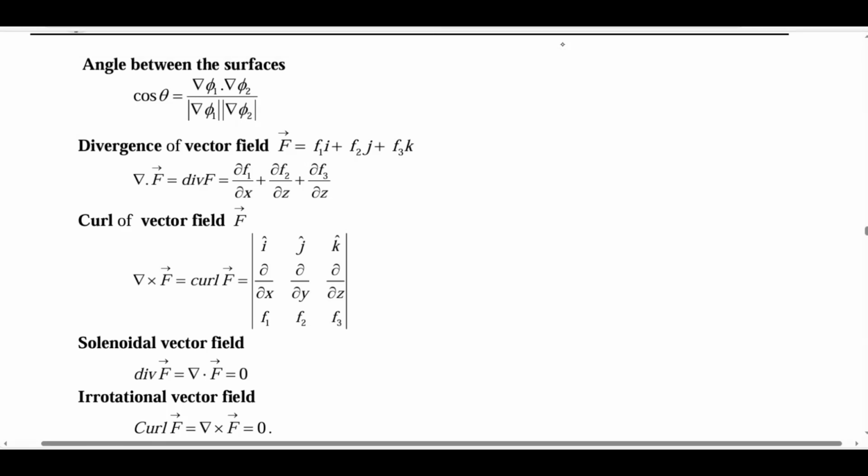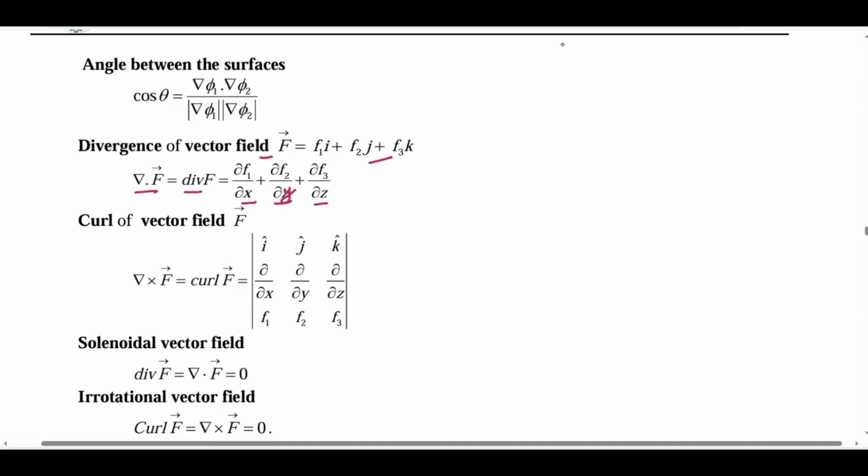Then cos theta is gradient of phi 1 dot gradient phi 2 divided by the magnitude of gradient phi 1 into gradient phi 2. Then divergence of a vector field f vector, where f vector is f1 i plus f2 j plus f3 k, will be div f equals dou f1 by dx plus dou f2 by dy plus dou f3 by dz.